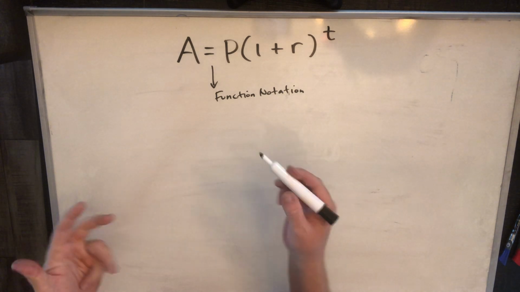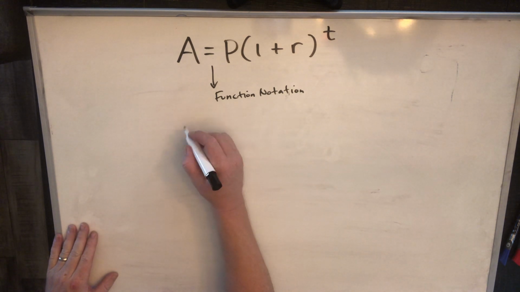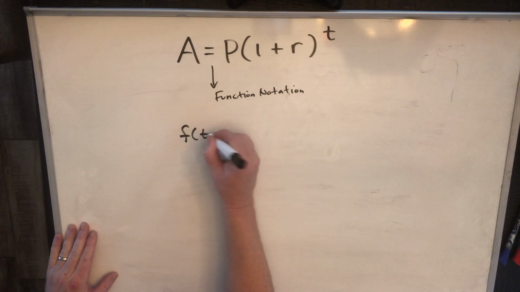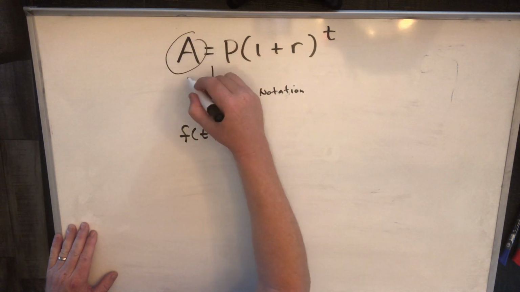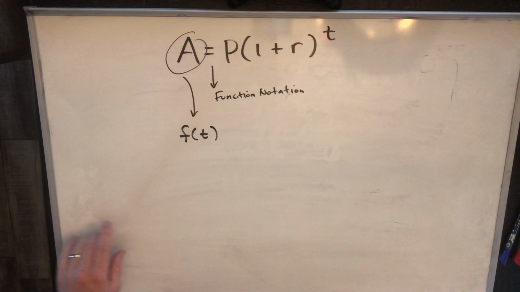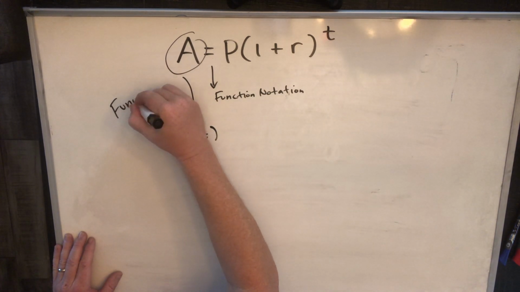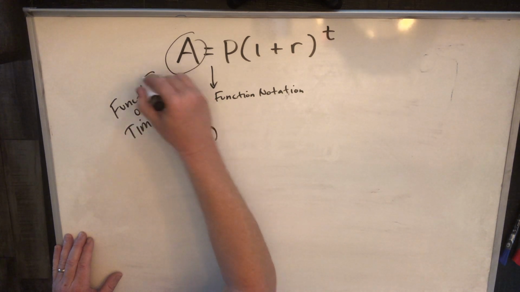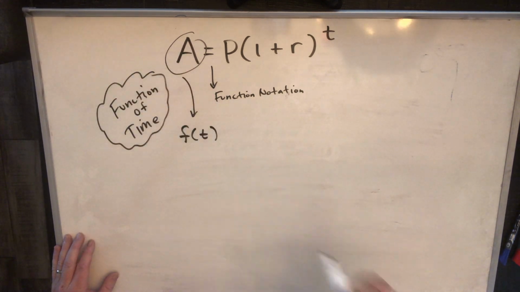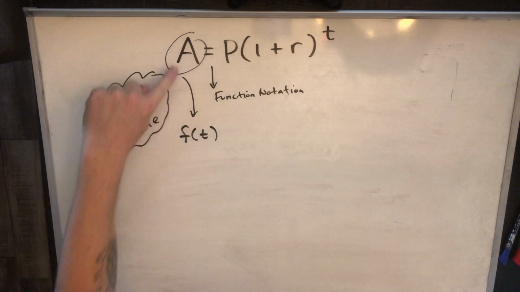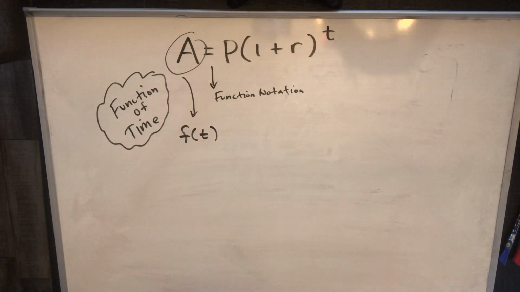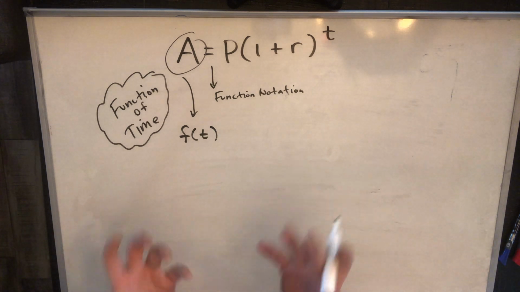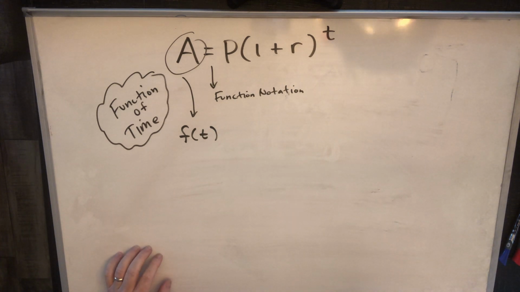And so we rewrite the formula by calling our amount a function of t, because it's a function of time. So the amount of whatever it is we're talking about, money, we're going to move away from money for the next few examples and start talking about actual things that are changing over time. People, places, things.